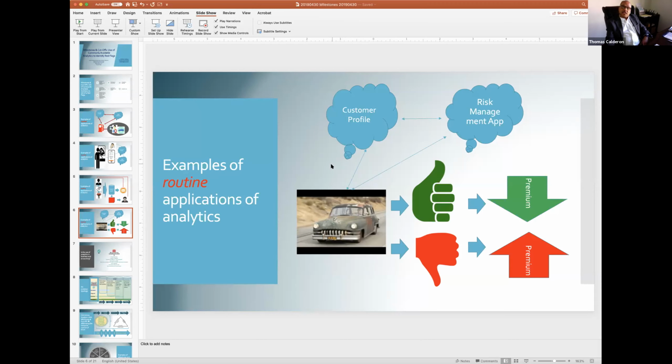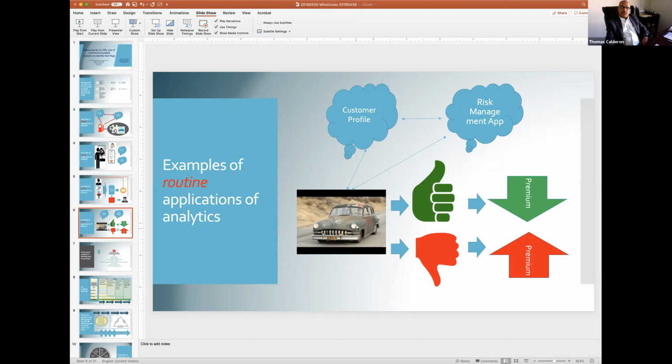So the insurance company collects data, literally everything that you do with regards to your driving habits, let's say for 30 days. That data goes into the customer's profile. It also feeds into the insurance company's risk management application.